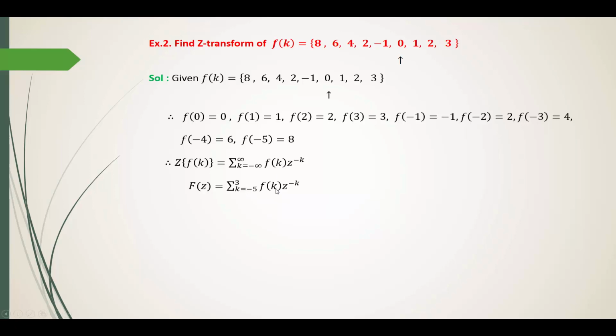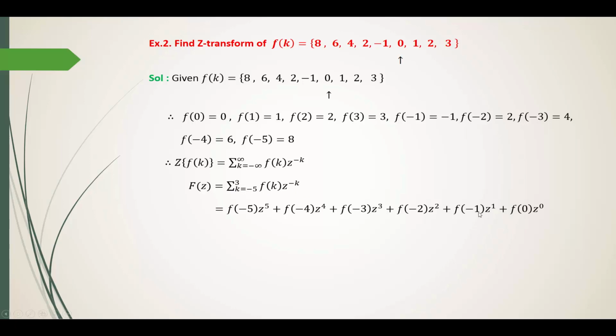First put k is equal to -5. So f(-5) z raised to minus of -5, z raised to +5. Put k is -4 plus f(-4) z raised to 4 plus put k is -3. So f(-3) z to the power minus of minus means +3 plus put k is -2. So f(-2) z to the power minus of -2 is z square plus k is -1.